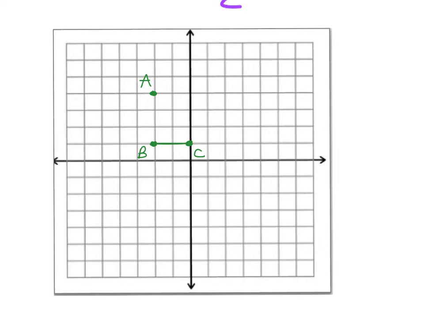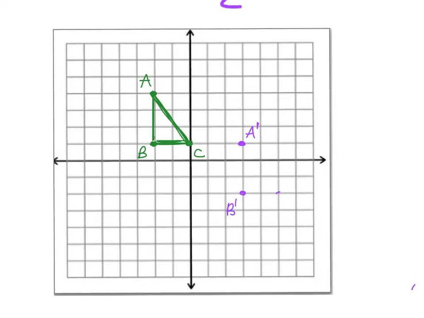So we have this triangle. That is our preimage, right? That's the one we started with. Our image from there is going to be the point (3, 4). This is going to be my A prime. And then for B prime, you can just go the same distance, 3 down from there is B prime.